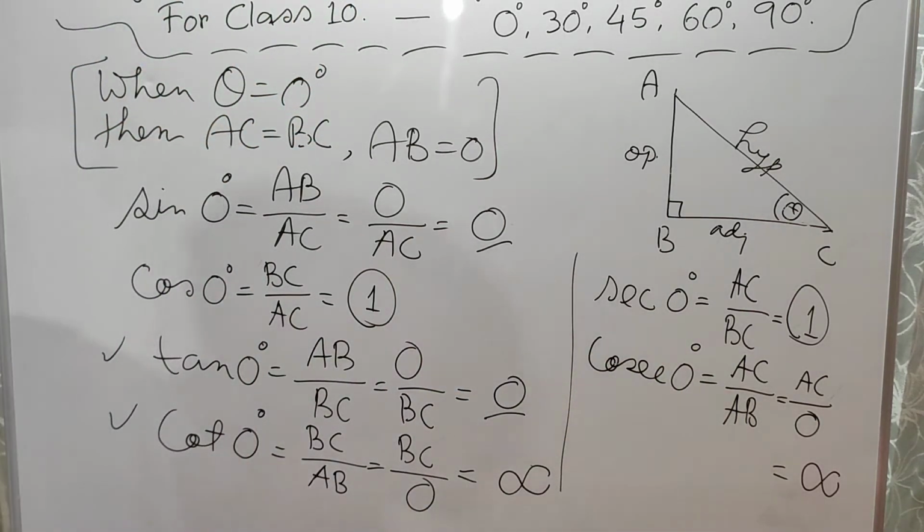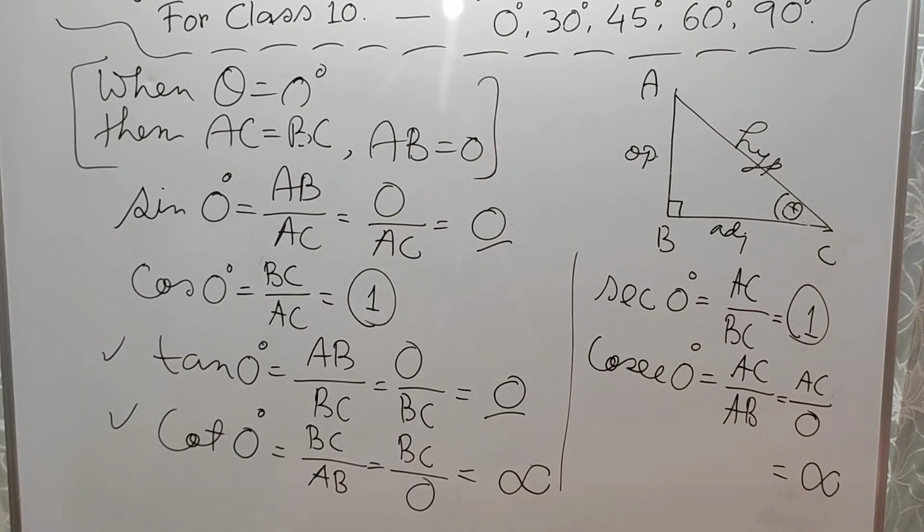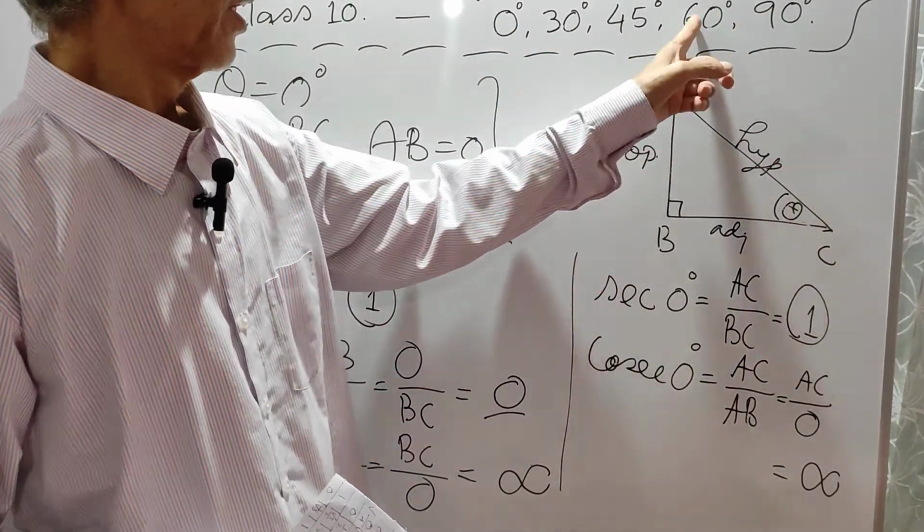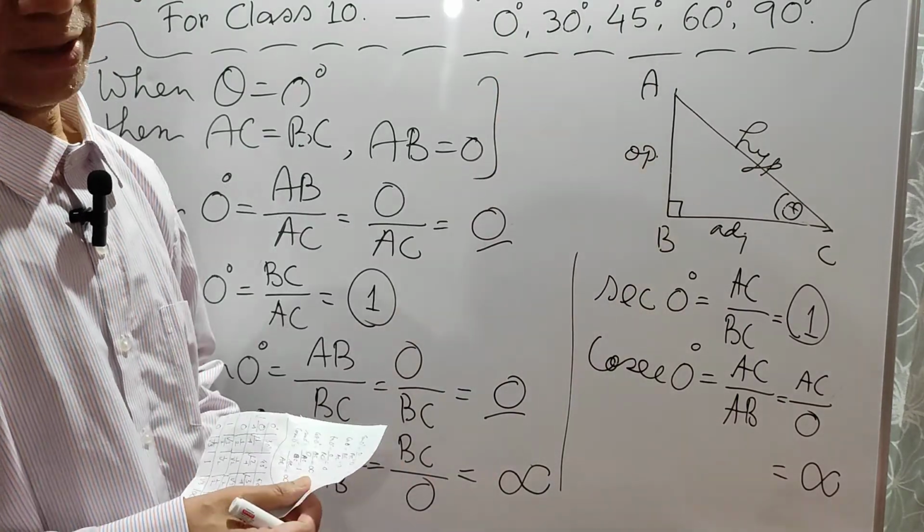So this is how we have found out the trigonometric ratios of all the 5 standard angles.